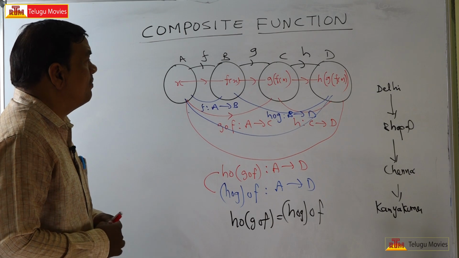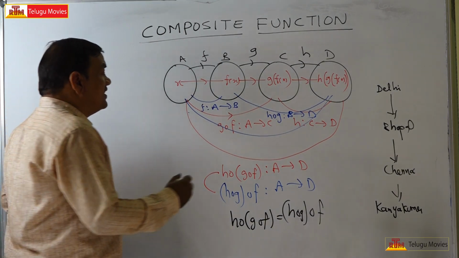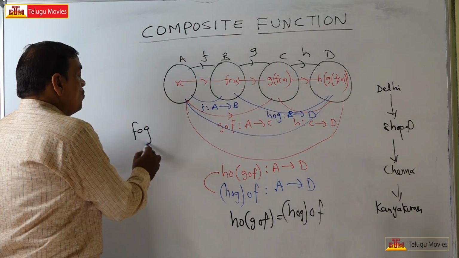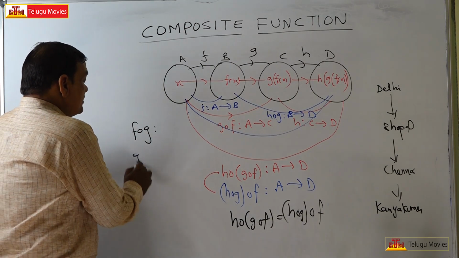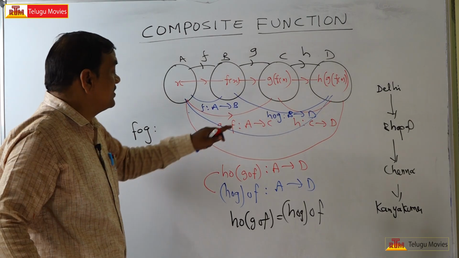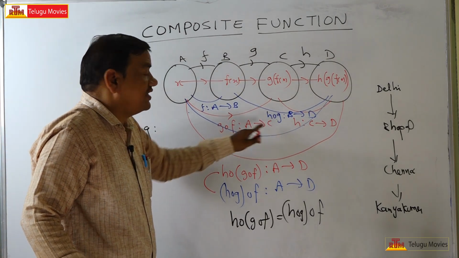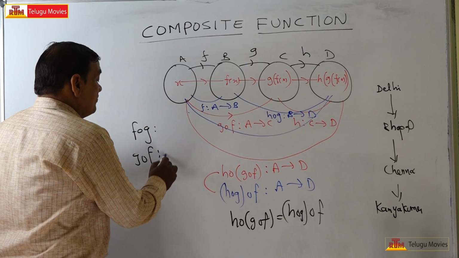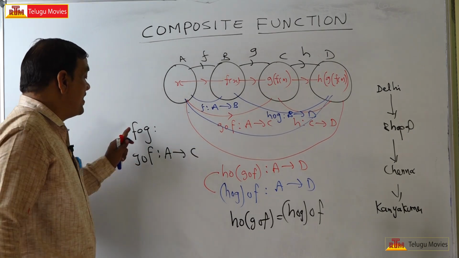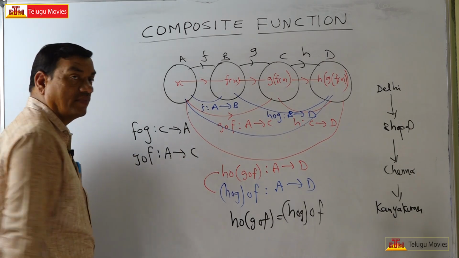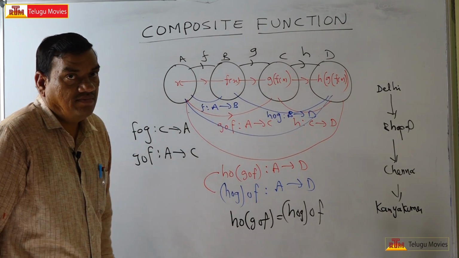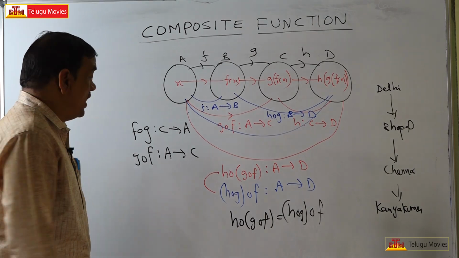But what about F circle G and G circle F? If you see this, G circle F is a function from A to C, whereas F circle G is a function from C to A. Understand?